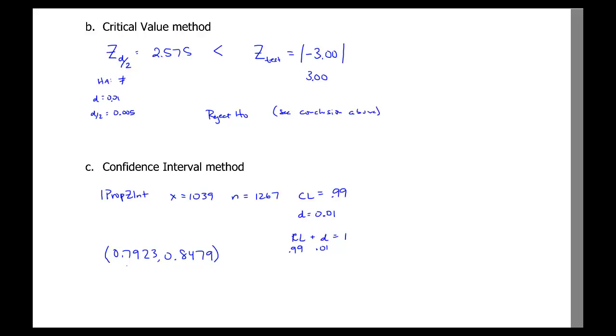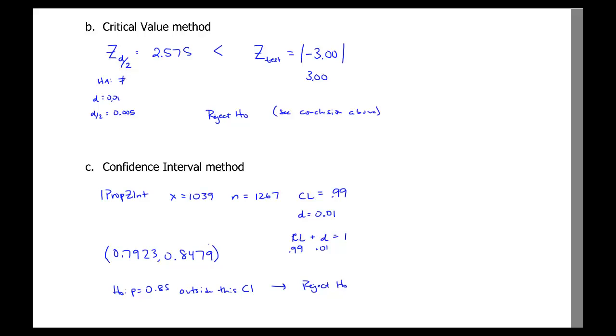So the way that we evaluate confidence intervals to find out if we should reject or fail to reject the null hypothesis is if the confidence interval contains the claimed value or claimed proportion or not. So the claimed proportion was 0.85, and that is outside this confidence interval. Which leads you to reject the null hypothesis.